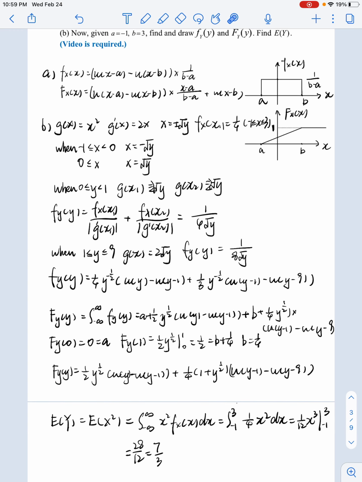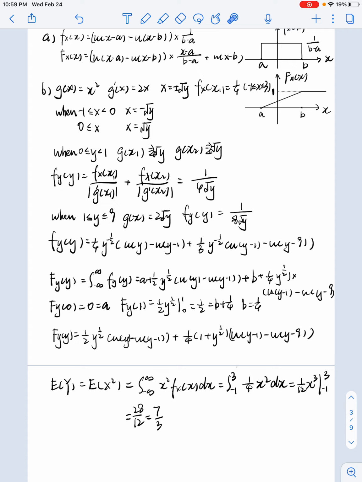When we try to get the expected value for y, because y is x squared, we can just solve for the expected value of x squared. We do the integral from -infinity to infinity, because fx only has value from a to b, which is -1 to 3.